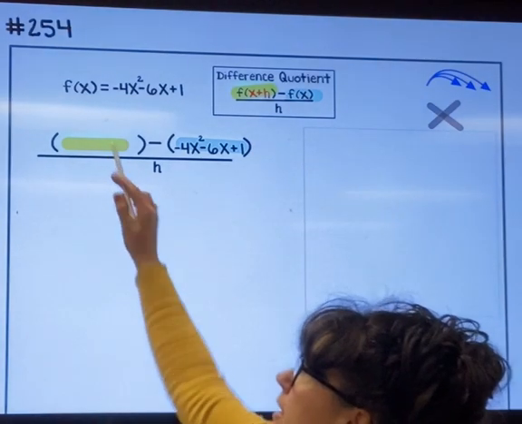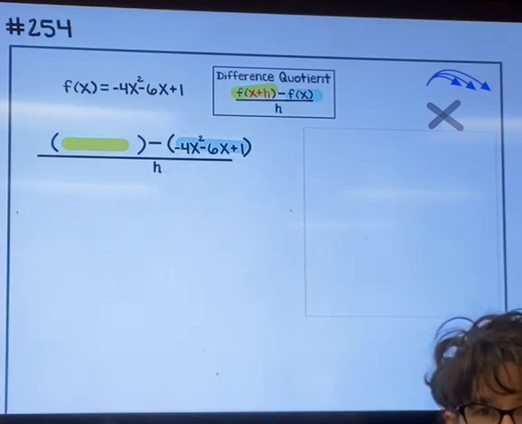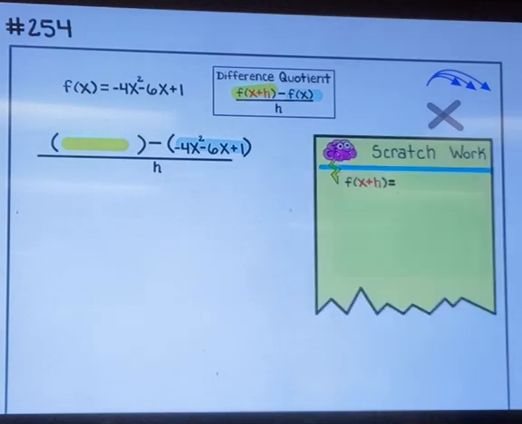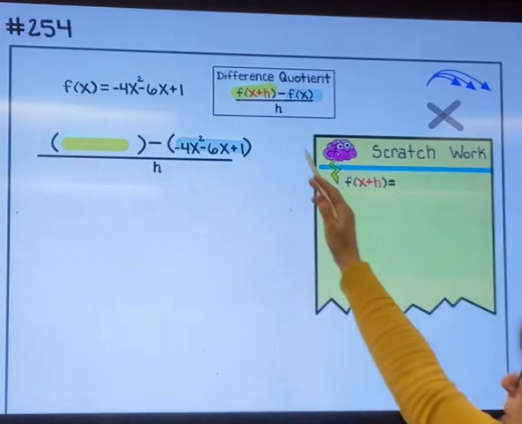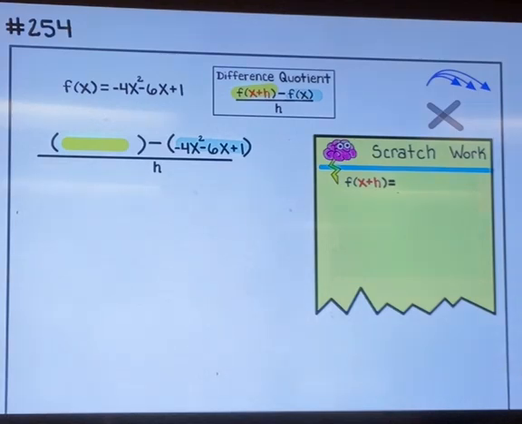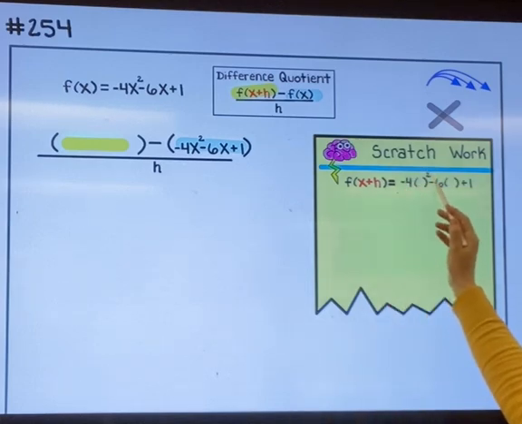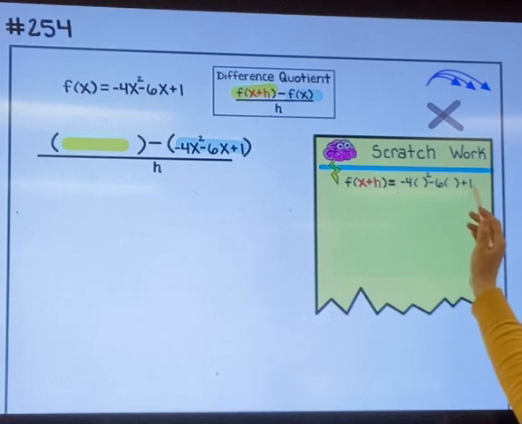I still need to find f of x plus h, and that's going to be algebra intensive. So I'm going to come off to the side and do a little bit of scratch work to find out what is f of x plus h. We want to go to the original function f of x, which is negative 4x squared minus 6x plus 1.